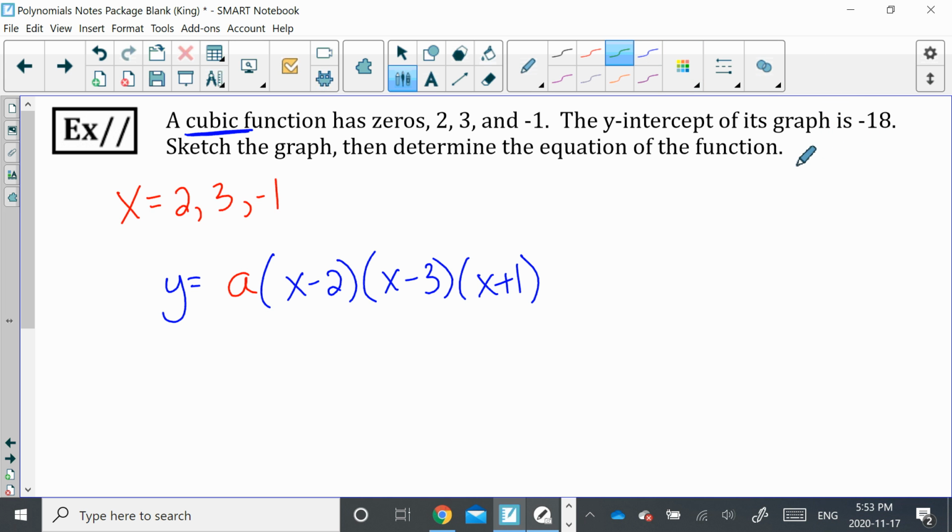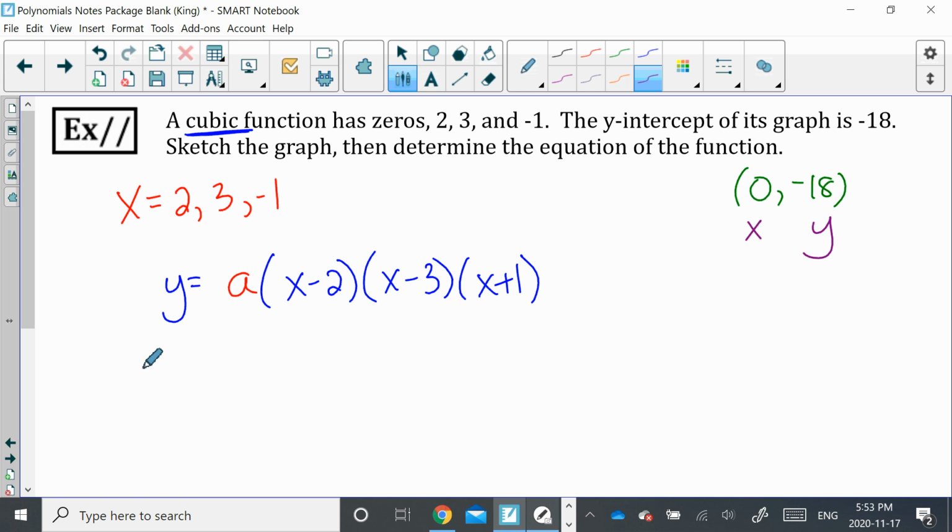So what that means, the y-intercept of this graph is -18. It means that the point when x is 0, y is -18. That would be your y-intercept when x is 0. So here's my point. I've got an x, I've got a y. I could put in zeros for my x, -18 for my y, and then I could isolate a.